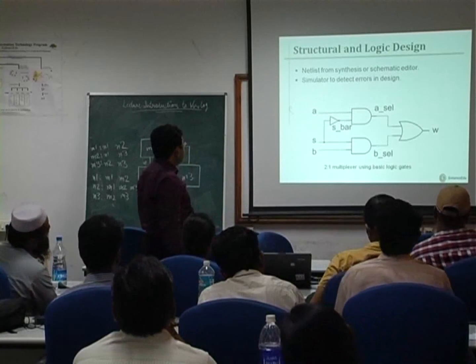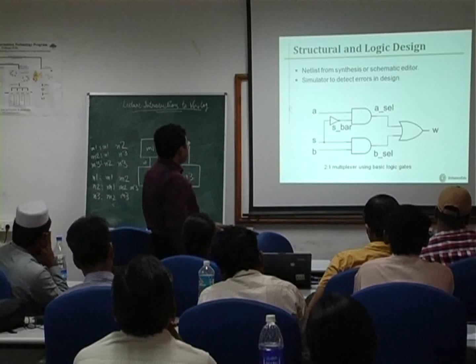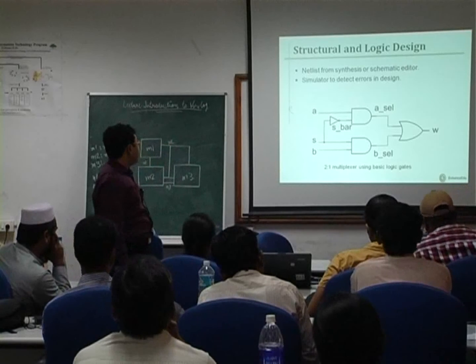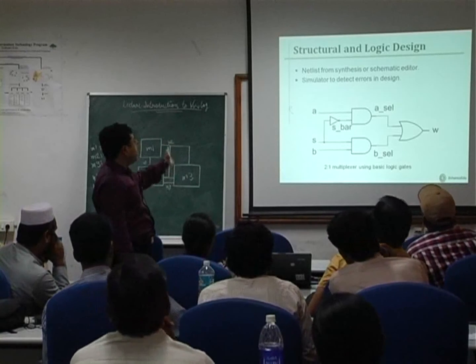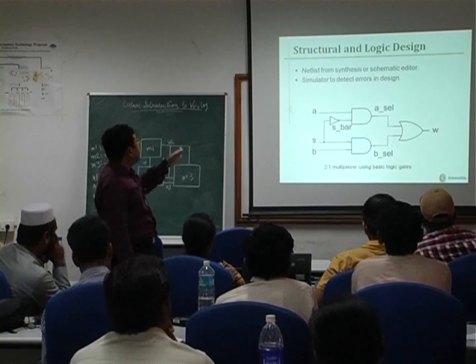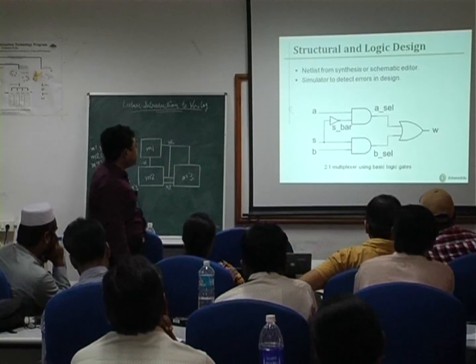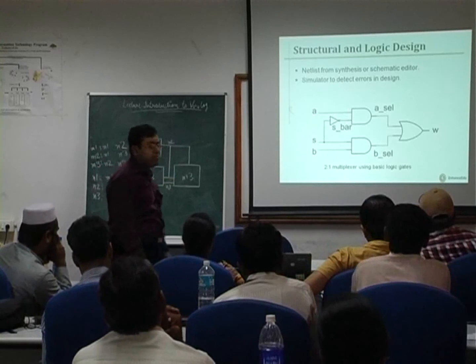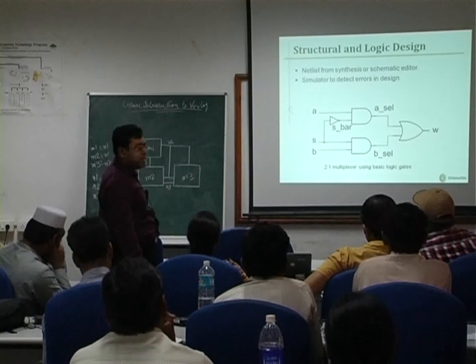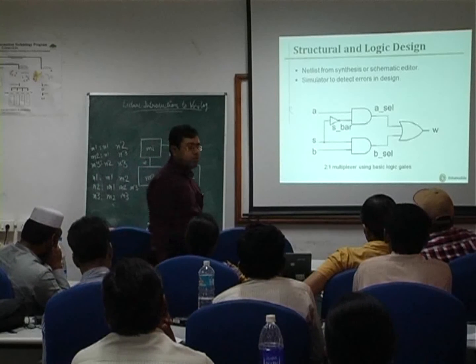So over here, if you consider a 2-to-1 multiplexer, we can depict the set of inputs, the set of outputs, but there are also a set of wires which are not visible from outside, like the A underscore cell, B underscore cell and S underscore bar, that we also need to define.